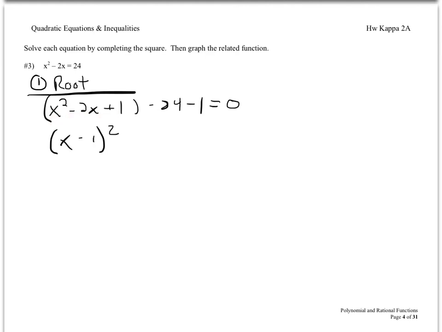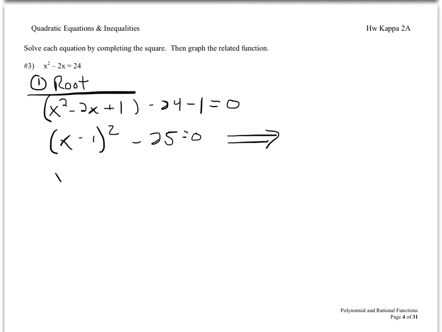To tell how it factors, take the square root of the first term, you put it in the first position. Take the square root of the constant, or the third term, and you put it here. The sign of the middle term goes between, and it's always squared. A negative 24 and a negative 1 is a negative 25. Once again, once you have it simplified before you start solving it, that's what we're going to be using for our related function.